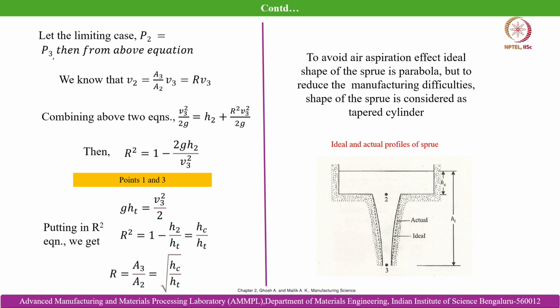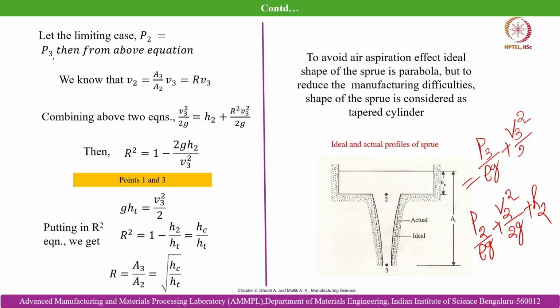So, what can we write? P 2 by rho g plus V 2 square by 2 g plus H 2 is equal to P 3 by rho g plus V 3 square by 2 g plus H 3.